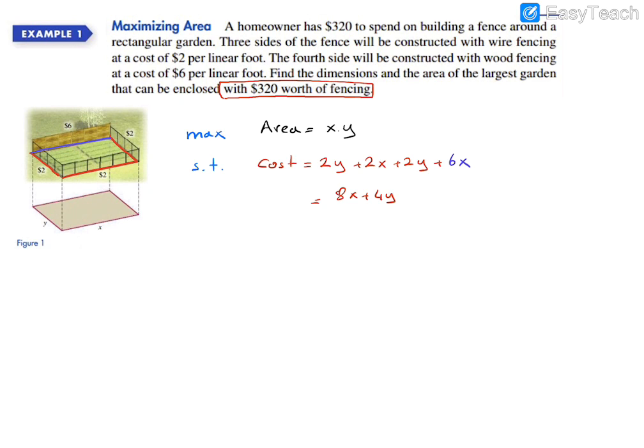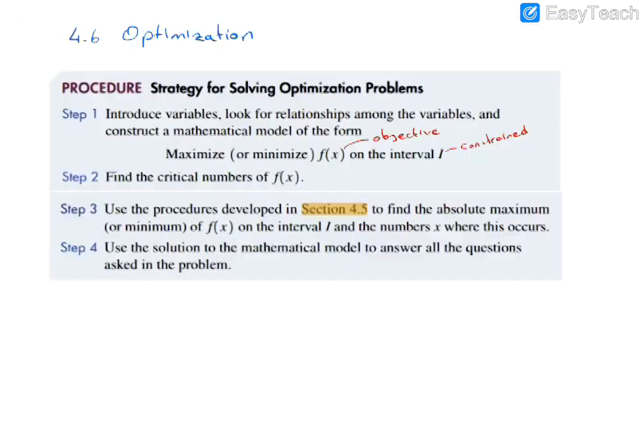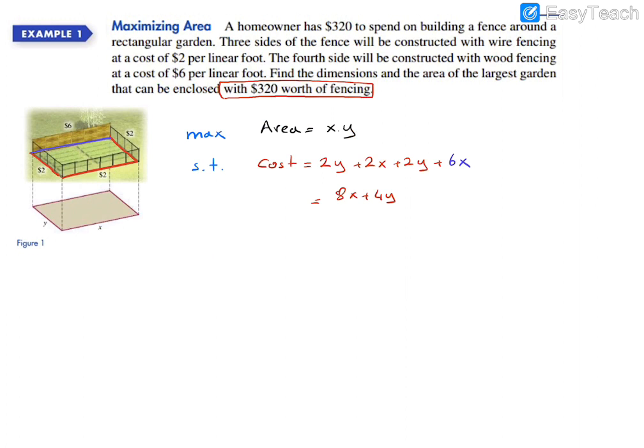According to the procedure, we write our equation: maximize or minimize f of x on the interval. So this describes the interval actually, but by using the constraint we will describe it. In the more general case, an optimization problem is indicated this way: objective function and the constraint. But what is the constraint? The constraint is not this 8x plus 4y.